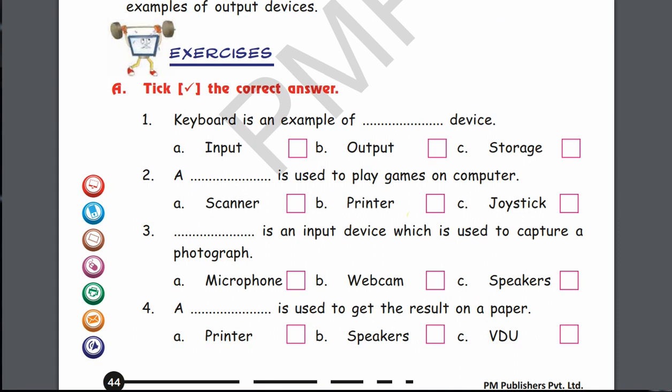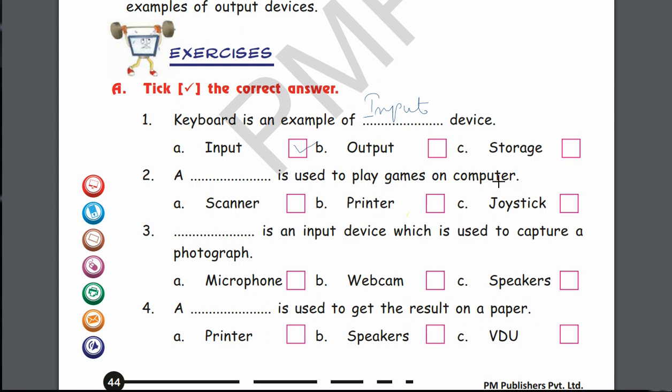Now, we will solve pick the correct answer, which is the MCQ. Keyboard is an example of which device, children? It is an example of input device. So write here input. A dash is used to play games on computer. How do we play games on computer? Come on boys, you know this answer.